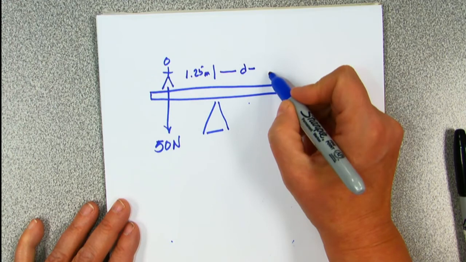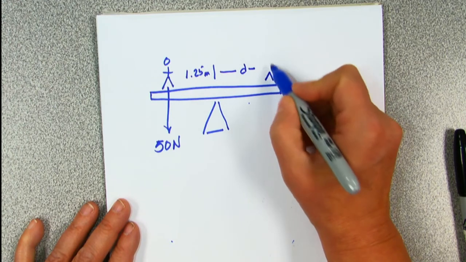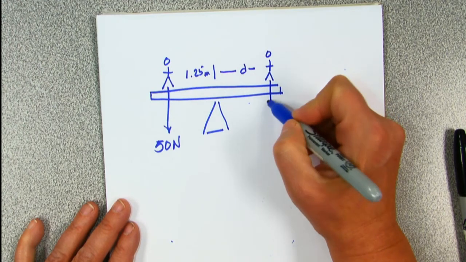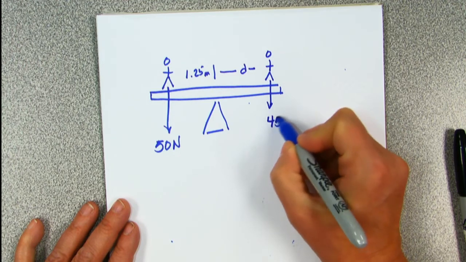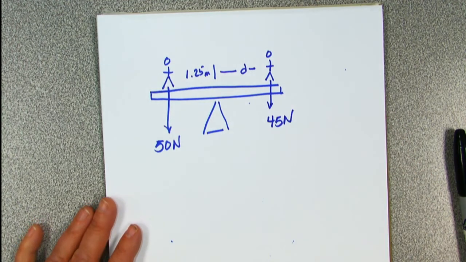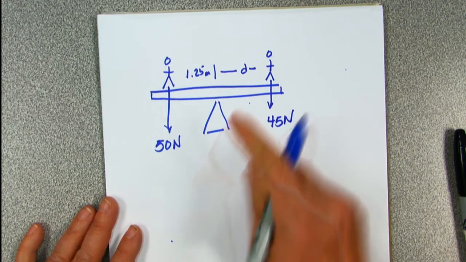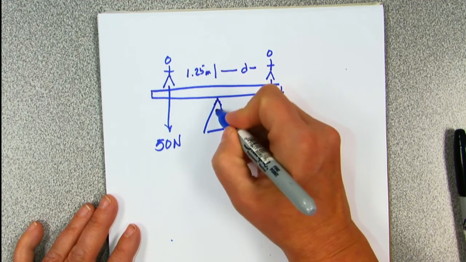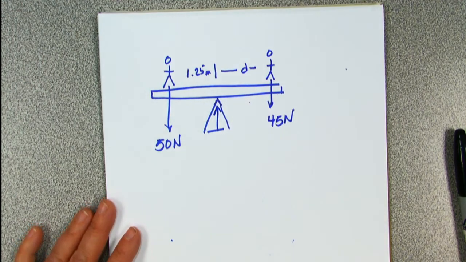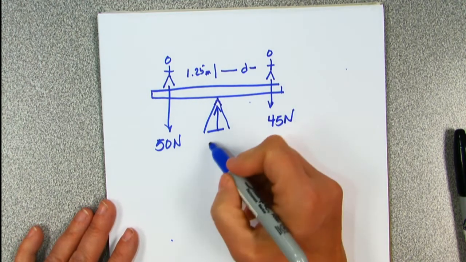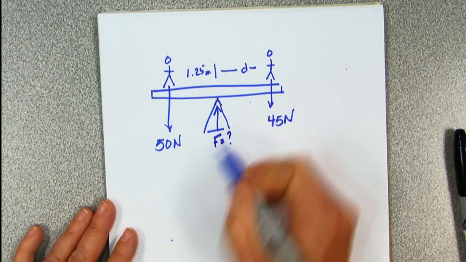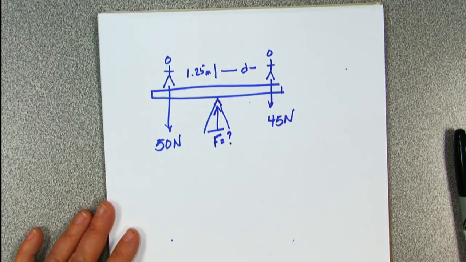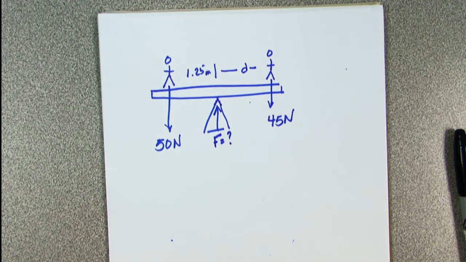We want to know where this person has to stand, and this person has a force of 45 newtons. And I want to know the distance, and I want to know the force that the fulcrum has to apply. So I want to know both the force that the fulcrum has to apply, and the distance.